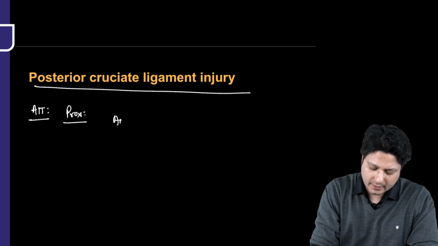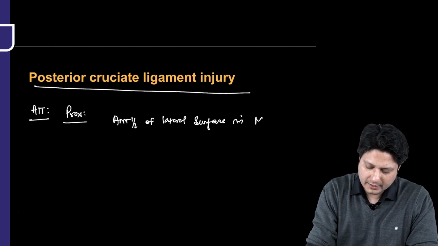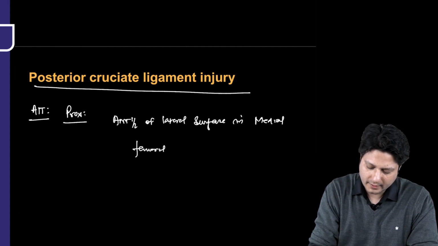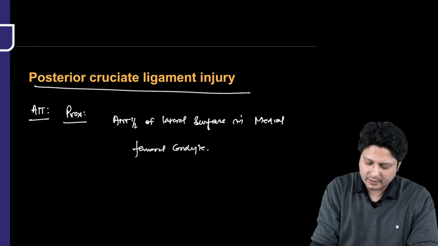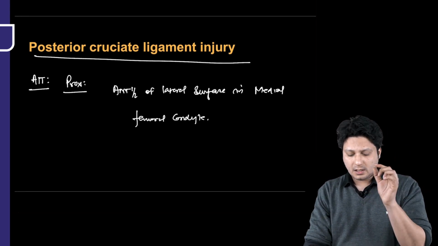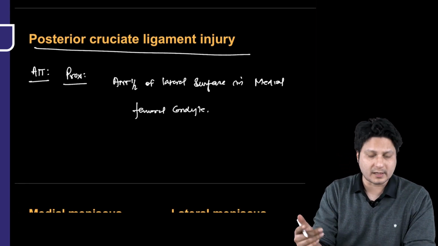It will be located on the anterior half of the lateral surface of the medial femoral condyle. That is the proximal attachment.